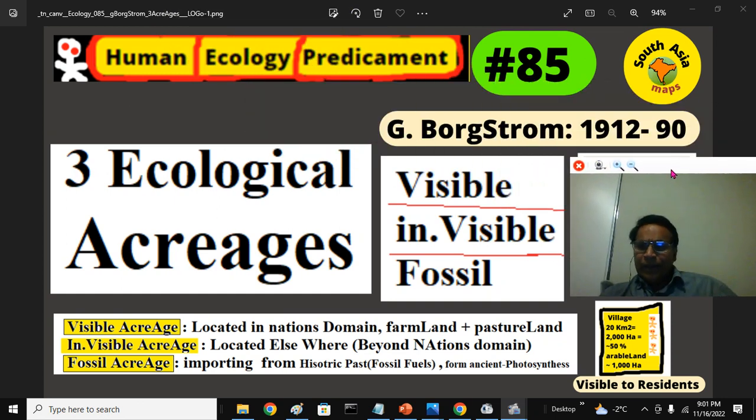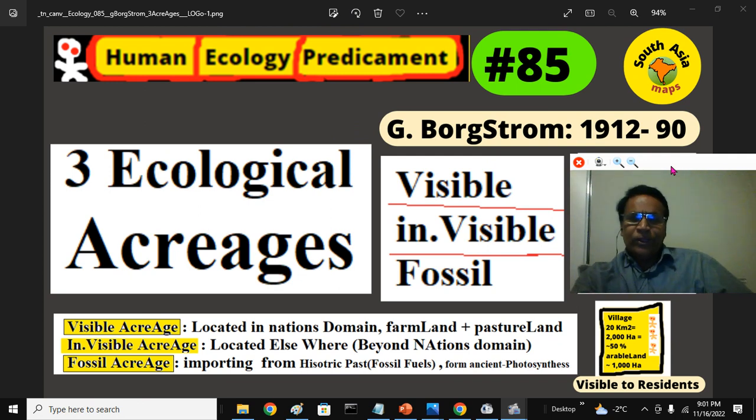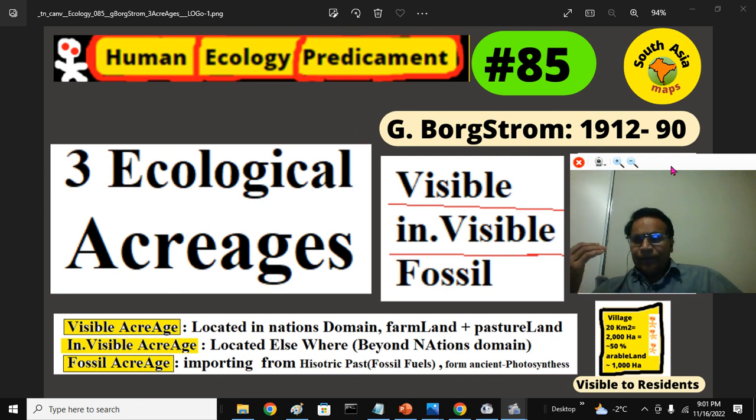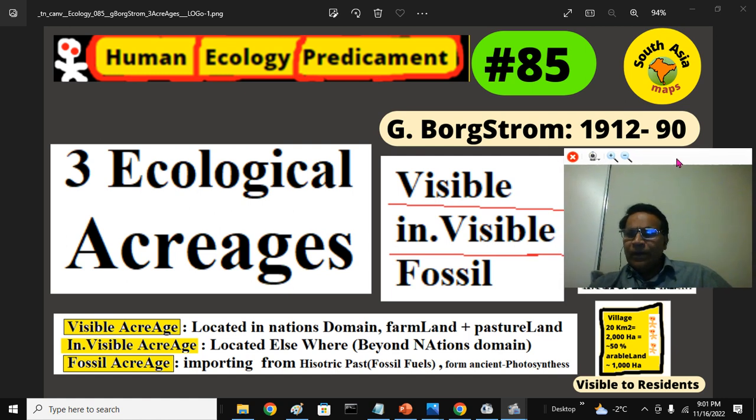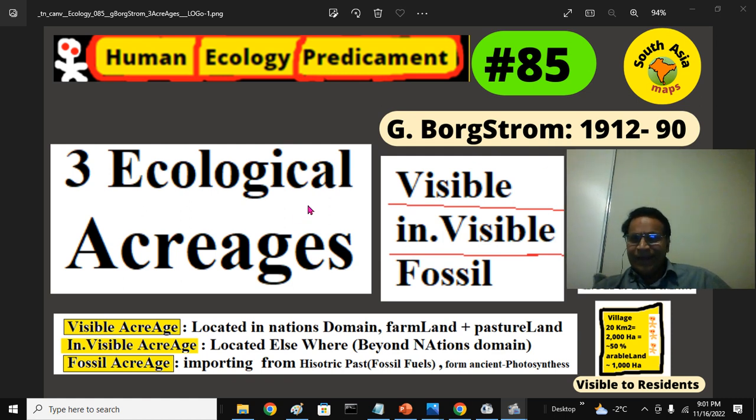And understanding these three acreages will enhance your ability to think about the historical perspective of the human heritage, the ecological perspective of human history and politics, and contemporary society. Acreage means land. We say acres in India; in agriculture we say hectares.